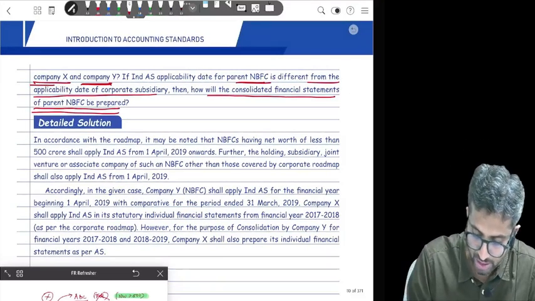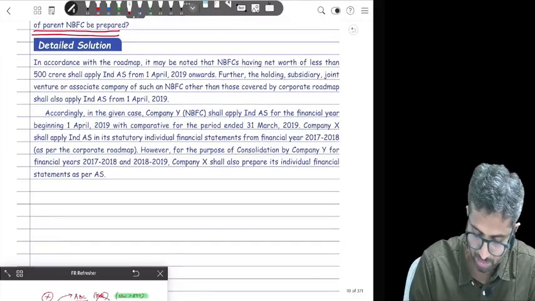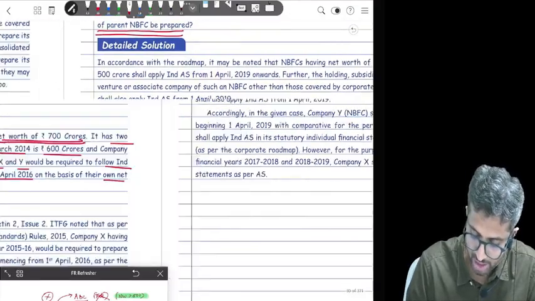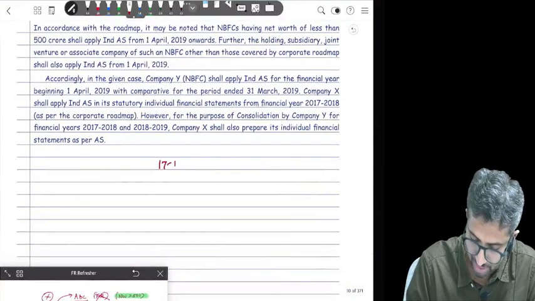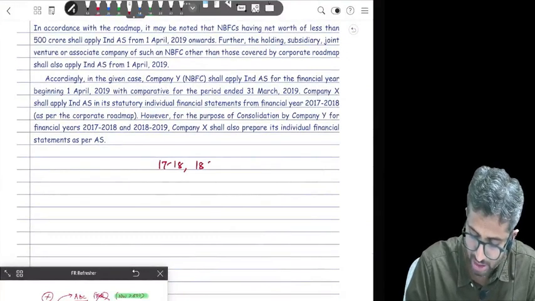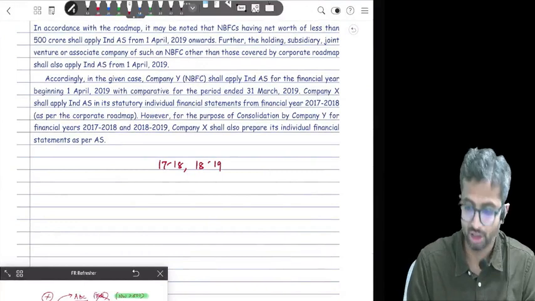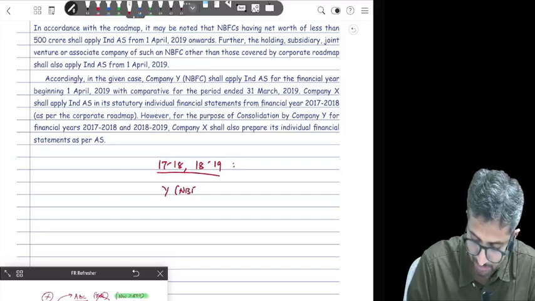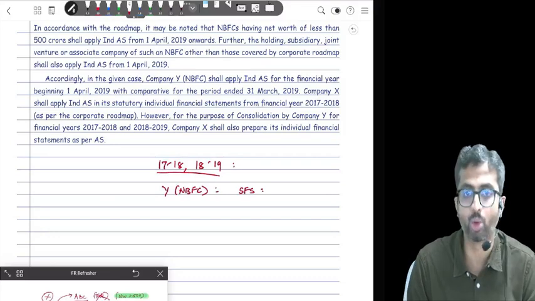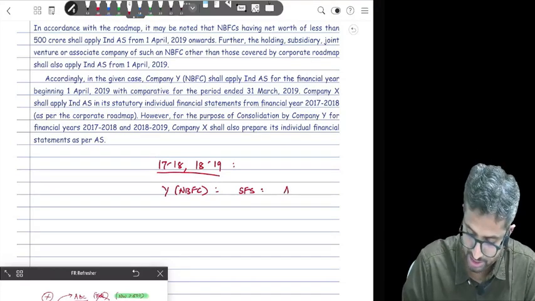So if I were to summarize, for the years 17-18 and 18-19, my parent NBFC Y will prepare its SFS as per what standards? AS.